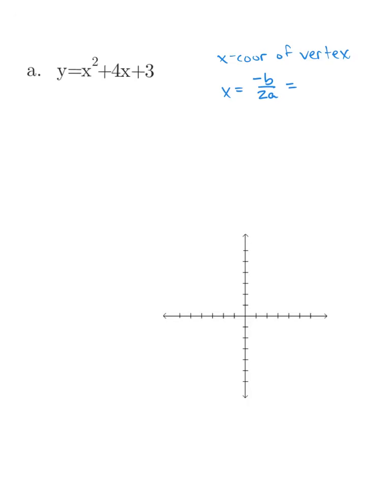If we do this, we get minus 4 over 2 times 1. 2 times 1 is 2, and if you divide negative 4 by 2, you get negative 2. So that's going to be kind of the center of our table.